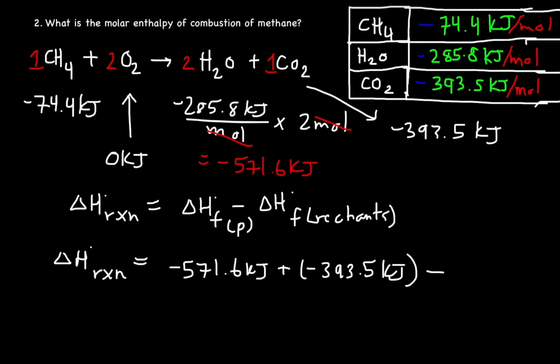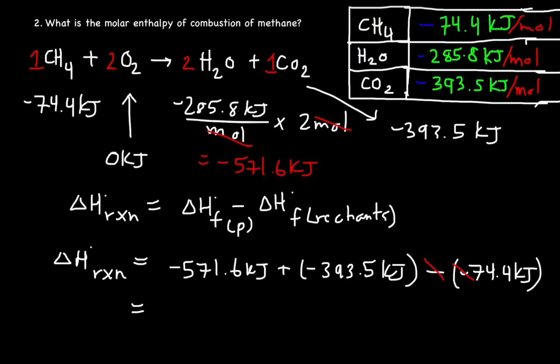Minus. On the reactant side, we only have the standard enthalpy of formation of methane, which is negative 74.4 kilojoule. So this becomes positive because negative times negative is positive.